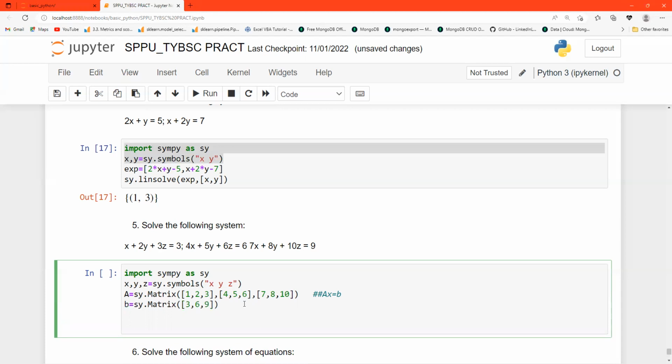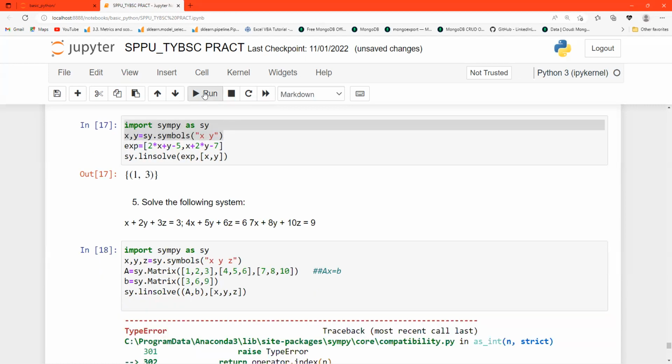Now I will use the linsolve method. So what is the linsolve method? sy dot linsolve, and again in the tuple I have to give the matrix A and then small b. Then in the list I have to give the variables. How many variables? x, y, and z, three variables. Let's run it.